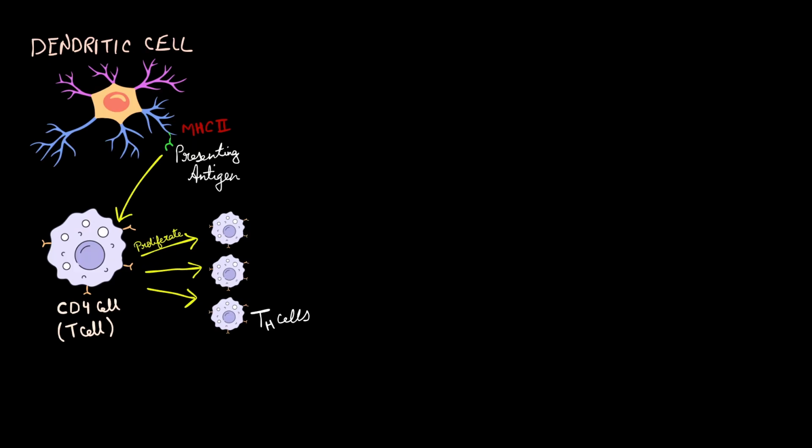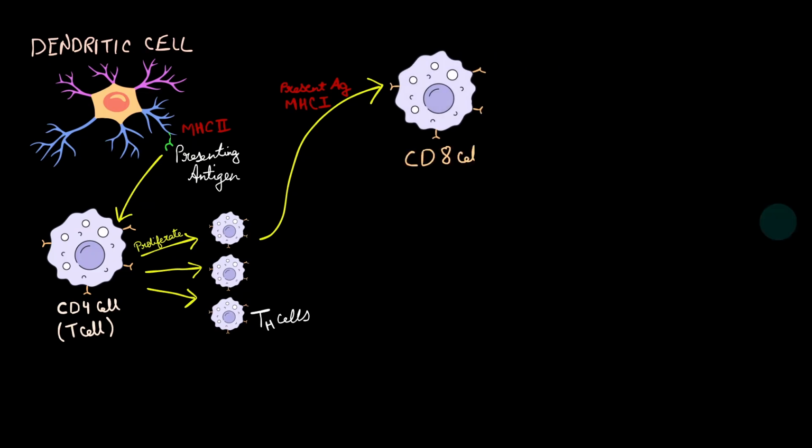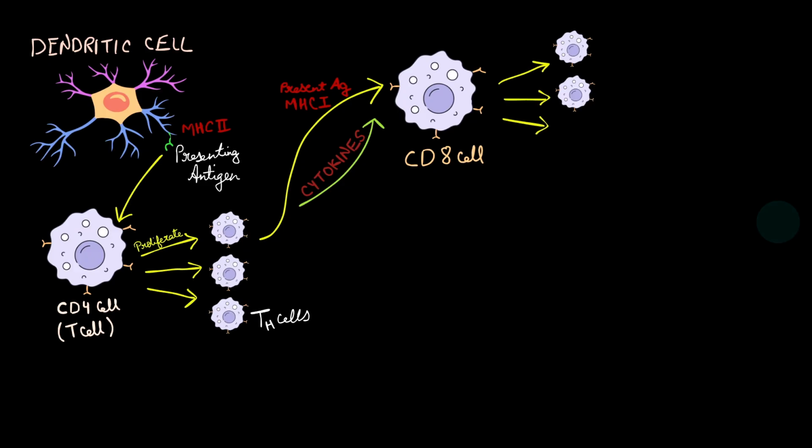T helper cells are central coordinators of the adaptive immune response. They present antigens on MHC class I molecules that can be recognized by CD8 cells, another type of T cells. They also secrete cytokines that are responsible for making the CD8 cells proliferate and differentiate into cytotoxic T cells.